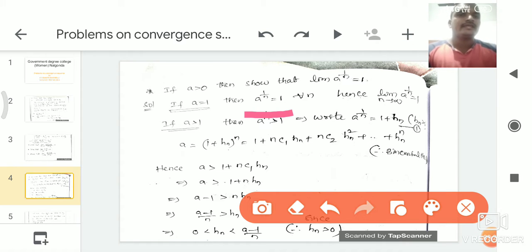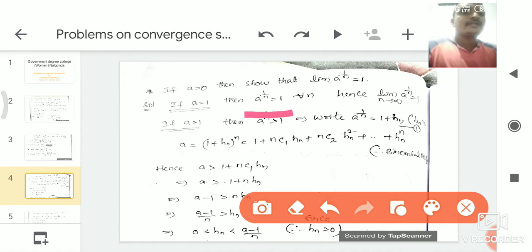Here we substitute a equal to 1, so 1 power 1 by n is also 1. Hence we apply limit on both sides: limit n tending to infinity of a power 1 by n is equal to limit n tending to infinity of 1.